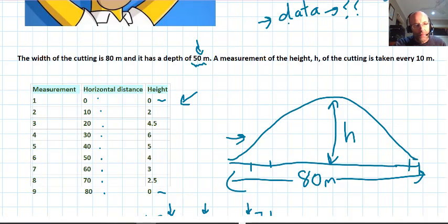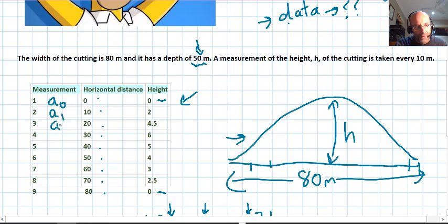Now be careful here, we need to relate it back to what we know. This relates to the A naught, so it's measurement 1 but A naught. Okay, so just be cautious about that part of it. So I'm going to go to the extent of writing all of those in.